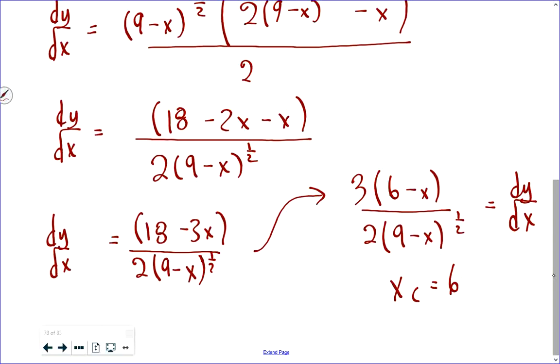And this is really why it's called critical: it could be a place where there's a max or a min, but may not be. Because if the derivative is 0, then the function could be increasing and then going down, in which case it's a maximum. It could be.